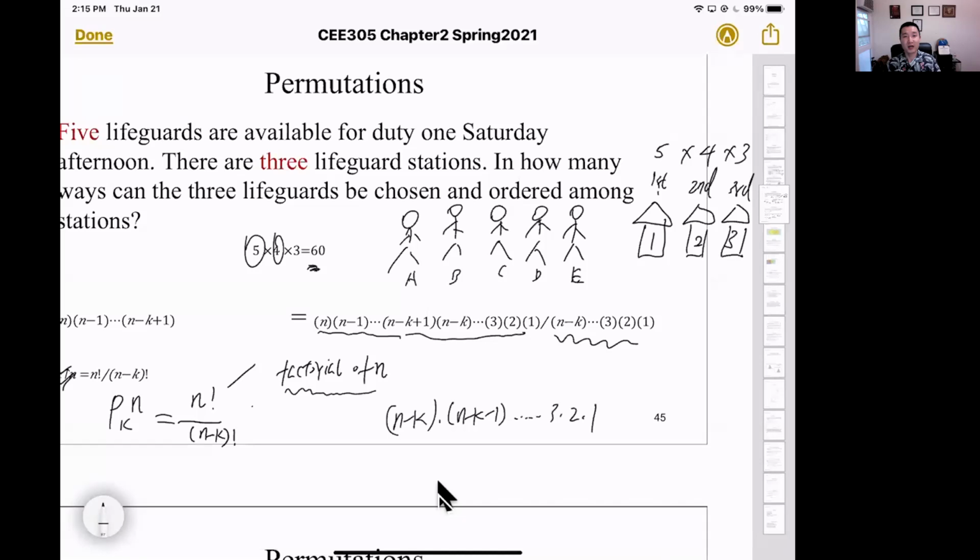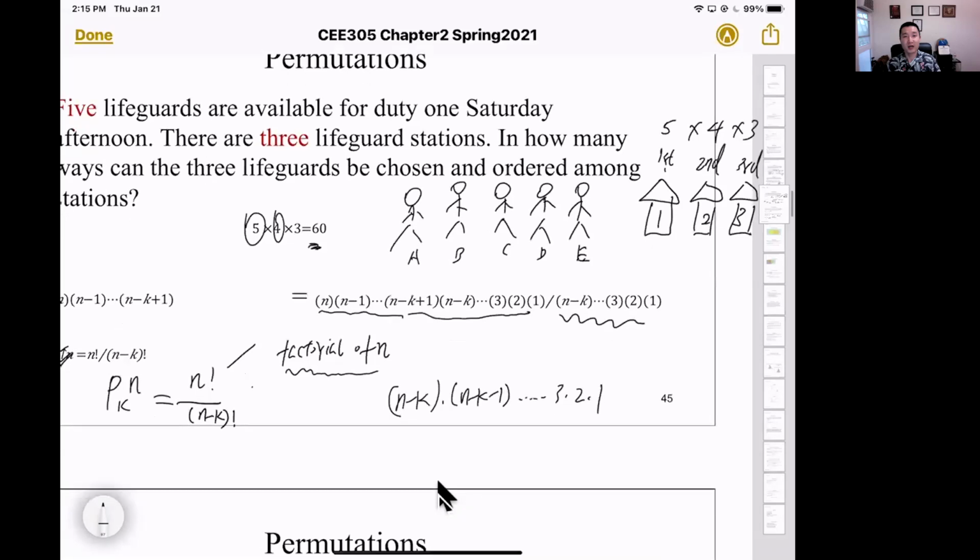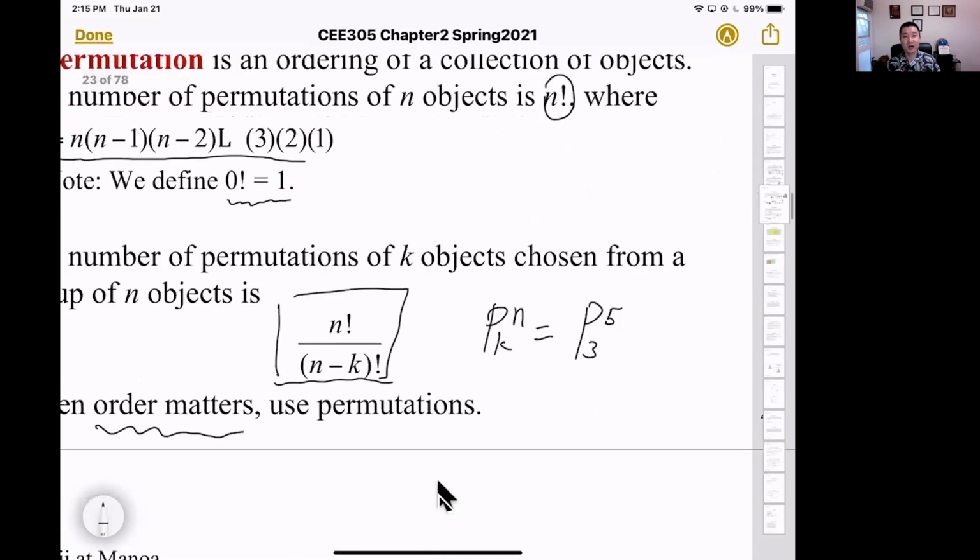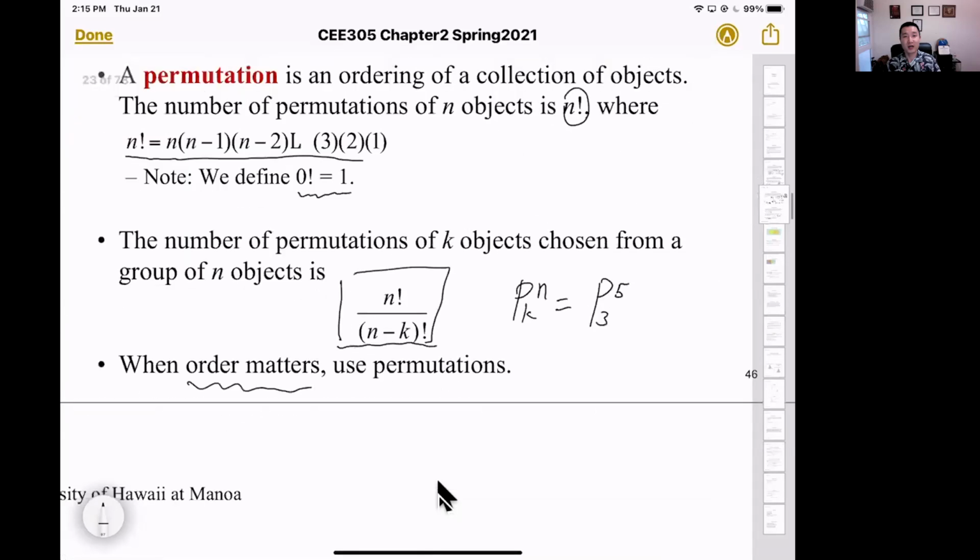We use another equation called combination, which we'll touch on in a moment. Remember, when order matters, use permutations. And the equation for permutation is this one.